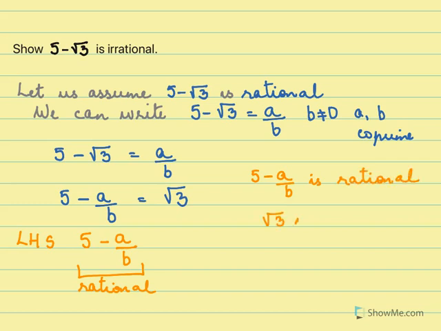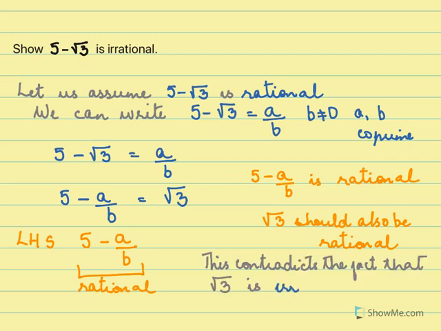So √3 should also be rational. But we know √3 is not rational. This contradicts the fact that √3 is irrational. We know √3 is irrational.